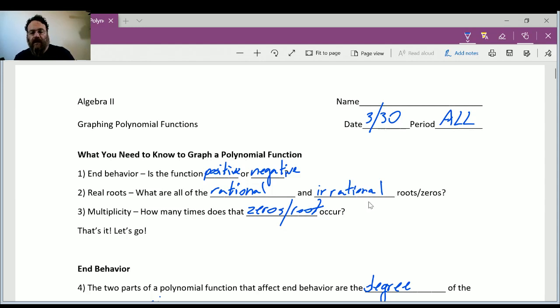Let's take a look at what we already talked about a bit here. So in end behavior, basically all you're looking for is whether the function is positive or negative. The real roots, that's the rational and irrational ones, anything that is not imaginary.